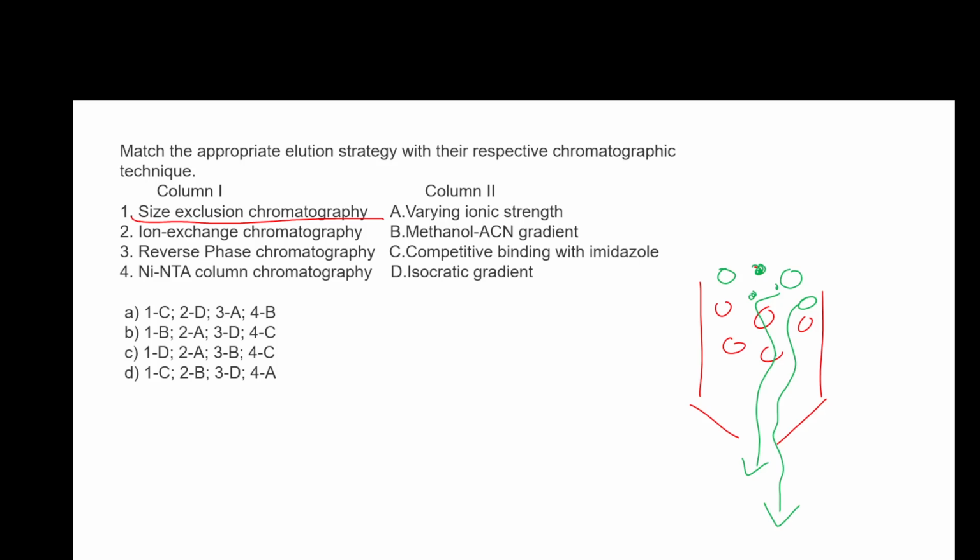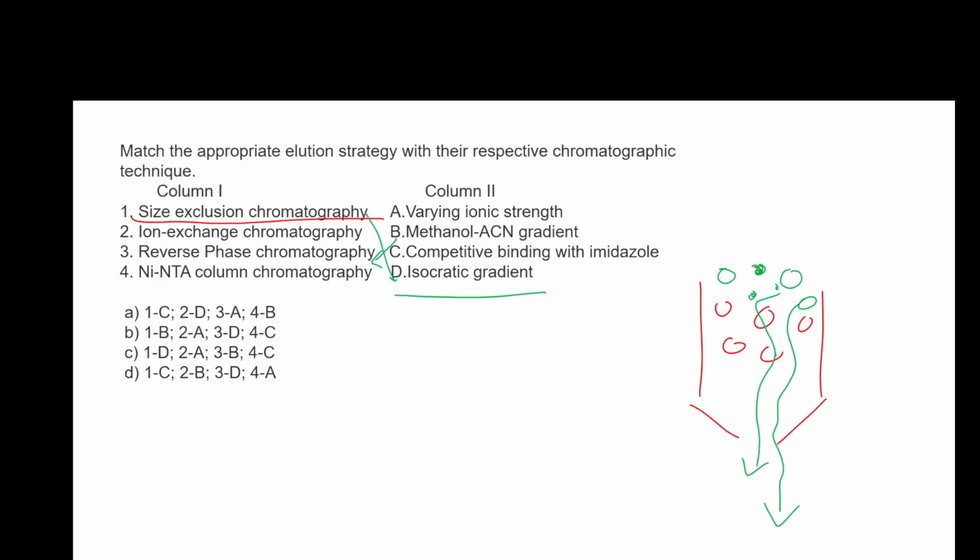Then we have the methanol gradient, which uses polar solvents and is used for reverse phase chromatography. We have the fourth option, the isocratic gradient, where a constant composition of buffer is being used. So that is matching with the size exclusion chromatography.